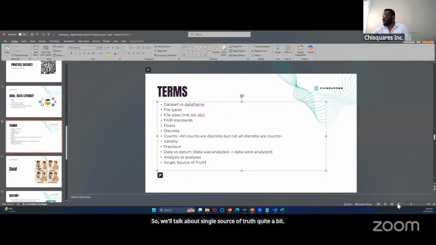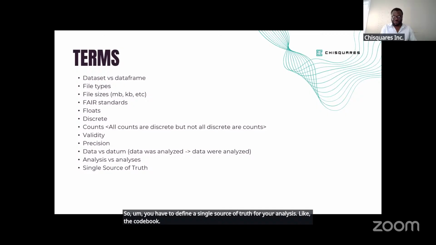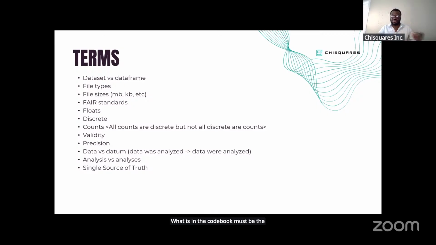It means, where do I have to go to find the absolute truth about anything? In the case of your analysis, this has to be your data dictionary, right? So you have to define a single source of truth for your analysis, like the code book. What is in the code book must be the truth, the whole truth and the only truth. It cannot change. But for that to occur, your practices must be FAIR aligned.